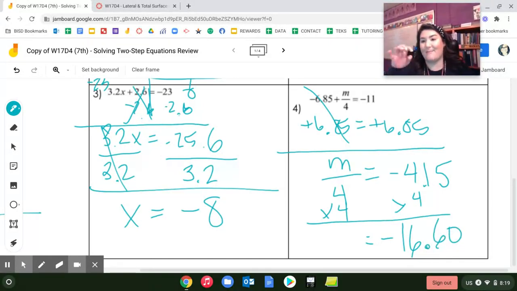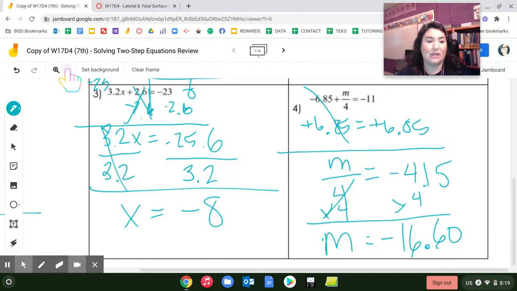So I did that math without a calculator, just using strategies and number facts that I know. I didn't have to write out a problem, okay? Always remember that. You can break down numbers, okay? Math works together in a way that it's always going to match up, all right? So anyway, m equals negative 16.60.